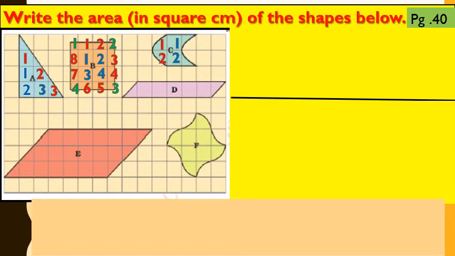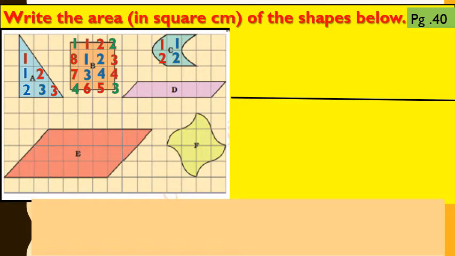Six shapes are given in the following figure. You are supposed to find the area of all these 6 shapes. For finding the area of any shape, we have to find the number of complete squares, then the number of more than half filled squares, and then the number of exactly half filled squares.